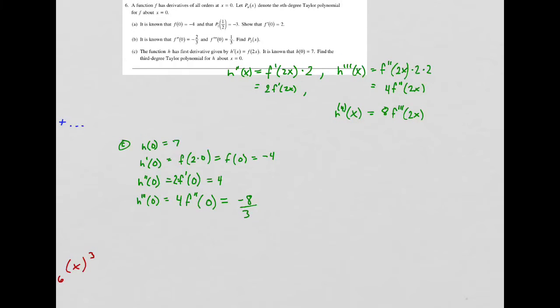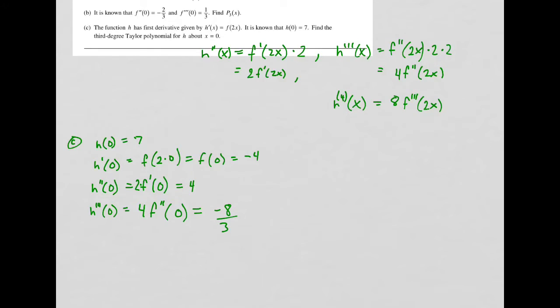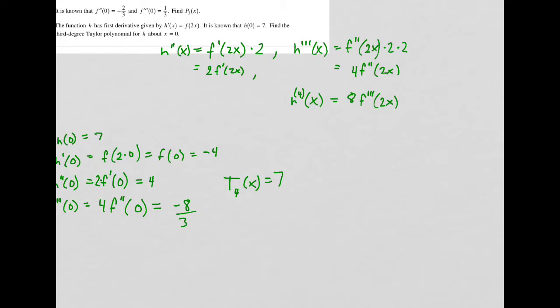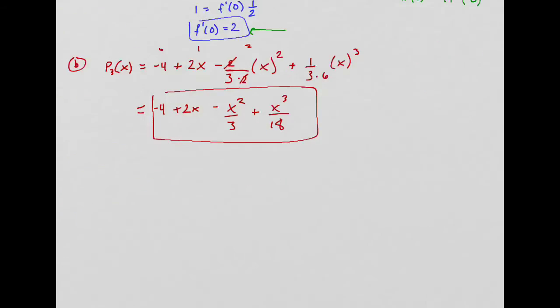I need the third degree Taylor polynomial for this. That would be, well, first 7, and then the next one, minus 4 times x minus 0, that's just x, divided by 1 factorial, because I'm still using the Taylor series polynomial formula.